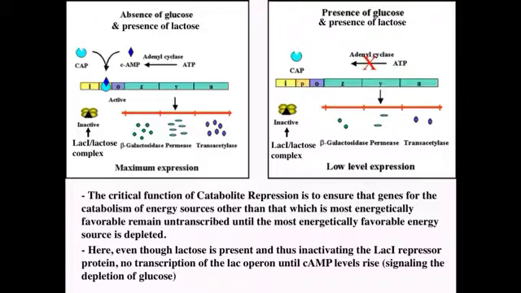Now, it was already producing a small amount of lac permease, so now the bacterium has the ability to import, using its proton motive force, some of the lactose. It has some beta-galactosidase enzyme, so it has the ability to produce more of the allolactose, as well as to break down lactose. But now you see here, you have adenyl cyclase no longer being inhibited.